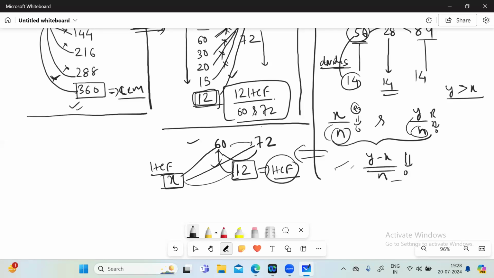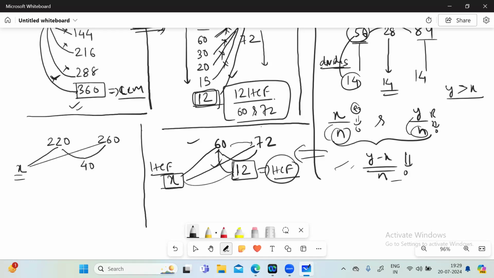Let me give you another set of numbers. Let's say I have 220 and 260. By the same conceptualization, if x is an HCF, x will divide 220, x will also divide 260, and then x will also divide 40.